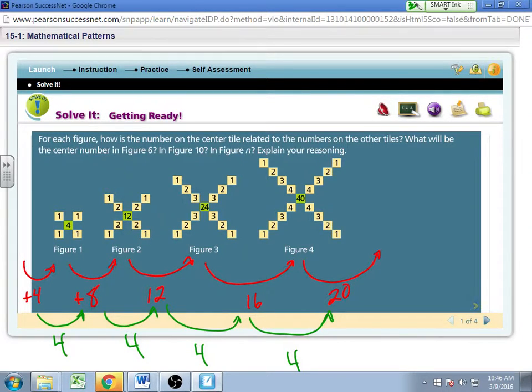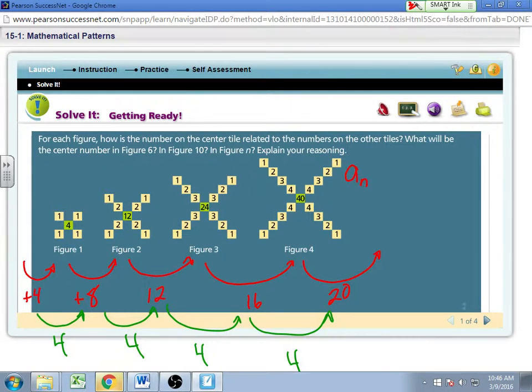So if we tried to write a formula for this, a function rule, we say that A is our term, N is our location, meaning what term of the sequence.